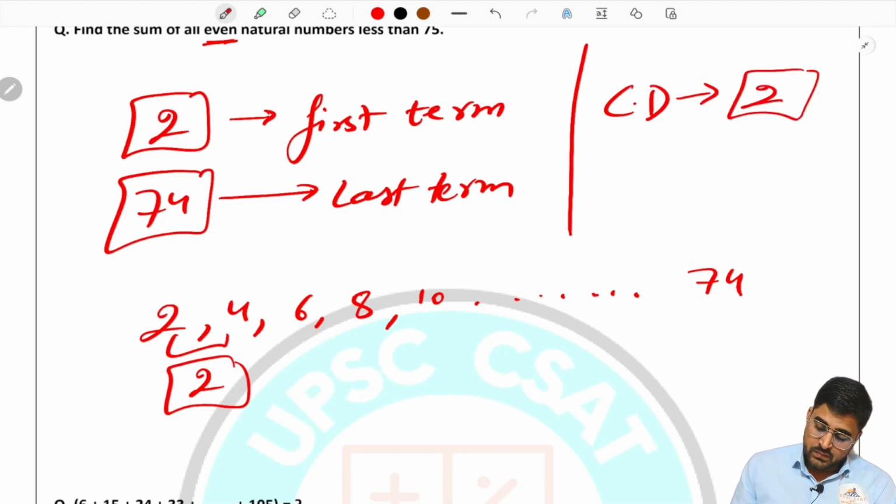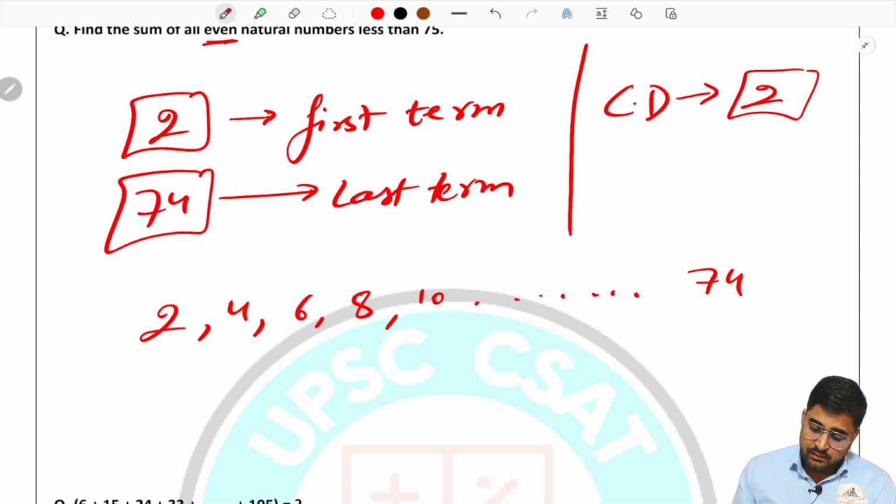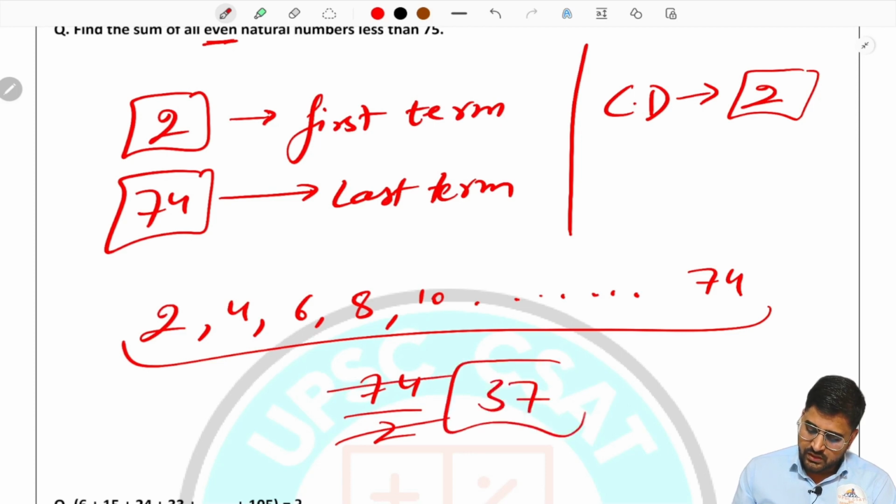Okay, now how many terms are there? It is easily calculated. You can use the formula also, but it is easily calculated because the difference is 2. How many are there? It is 74, and 74 divided by 2 is 37, which means 37 terms are there.